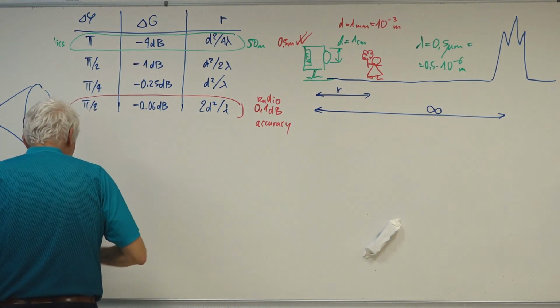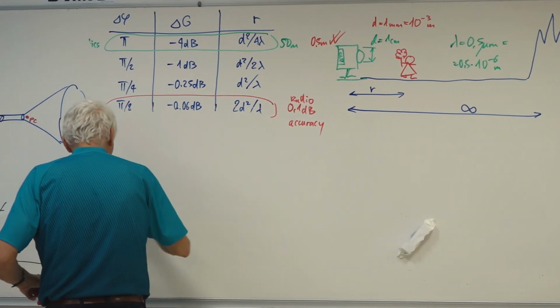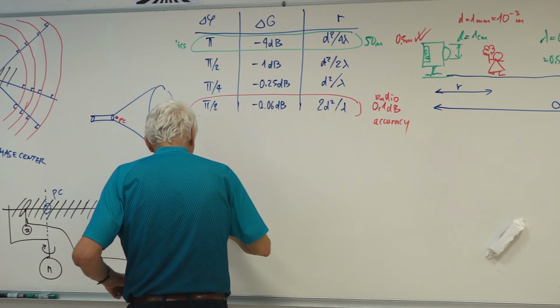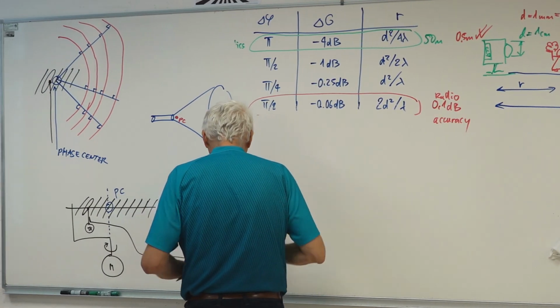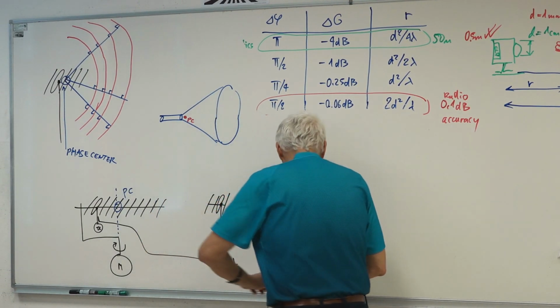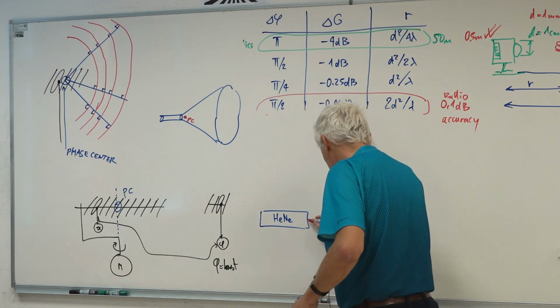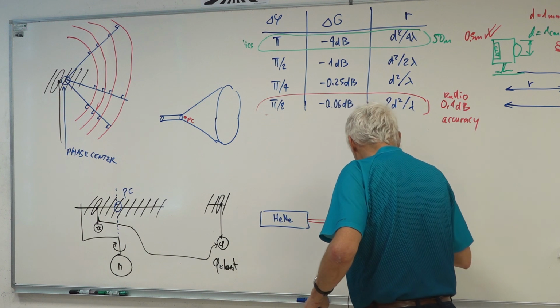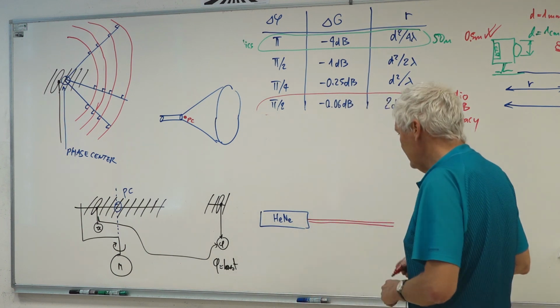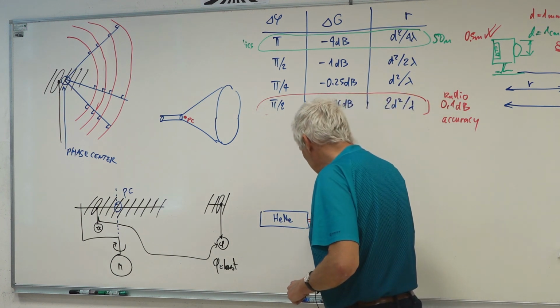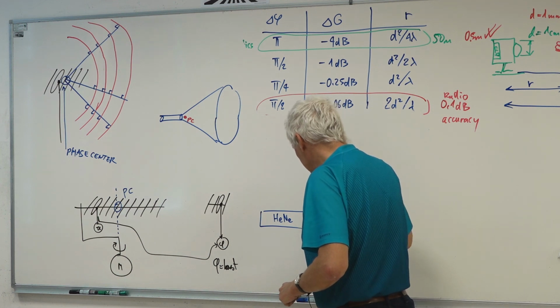So we start with the helium-neon laser. That's a typical thing you have with the optics experiments. This laser generates a beam that's almost parallel at the beginning. The beam diameter here is about 1 millimeter.